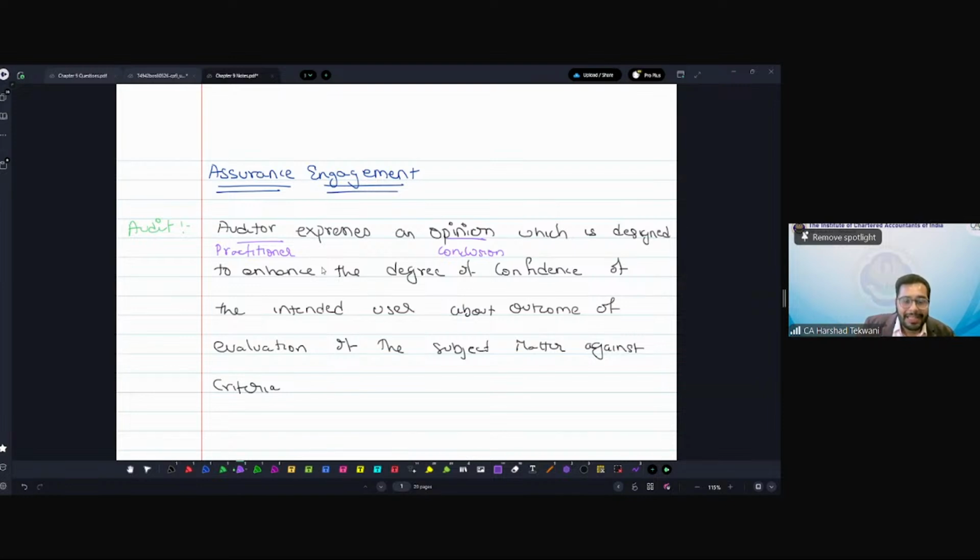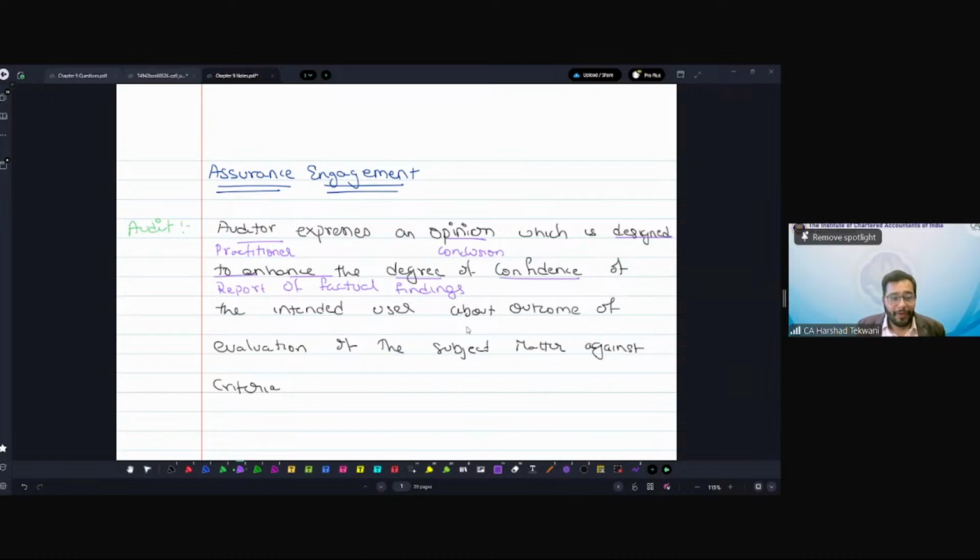Instead of saying designed to enhance the degree of confidence, I will say it is designed to report factual findings. Whatever it is there, I will report that factual finding.